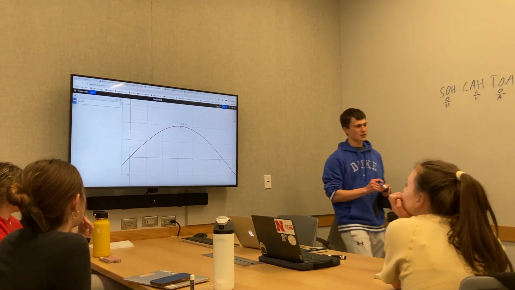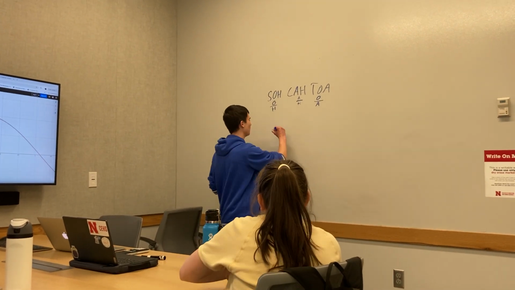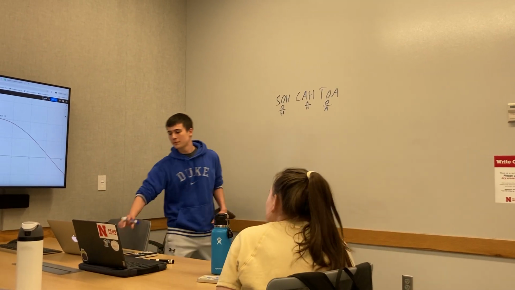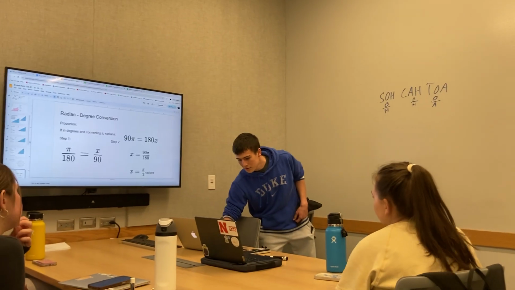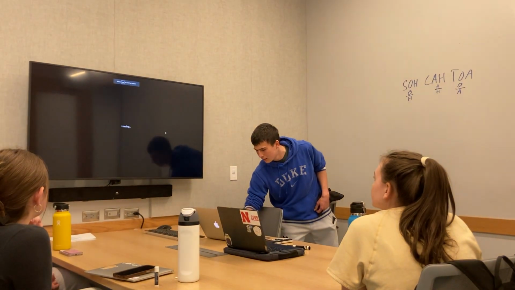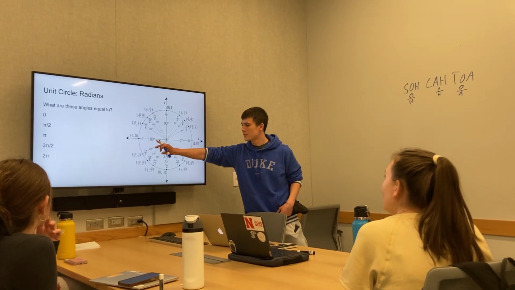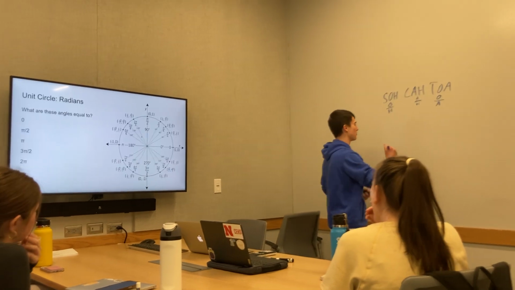So how do we know that 90 and pi over 2 are equal to each other? Well, we can use a proportion based on our unit circle. We see that pi and 180 degrees are equal to each other. They're just different units.